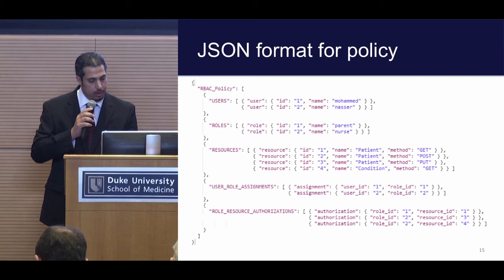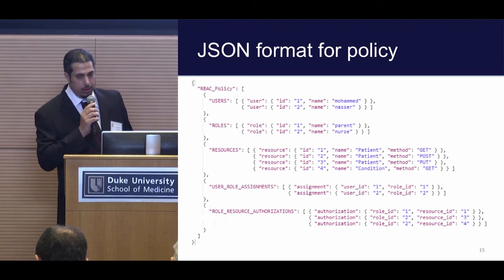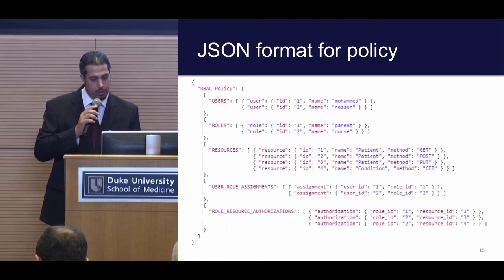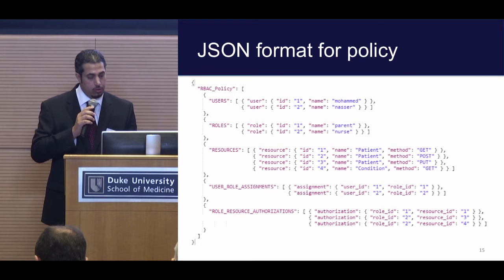And here, we assign a user to a role ID. So, for example, user with ID 1 is assigned to role 1. And here, the role is authorized to resources.